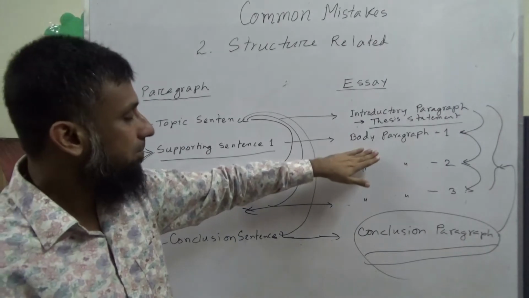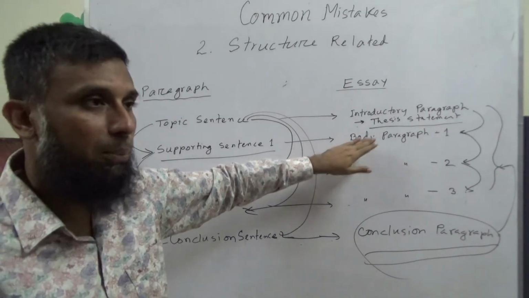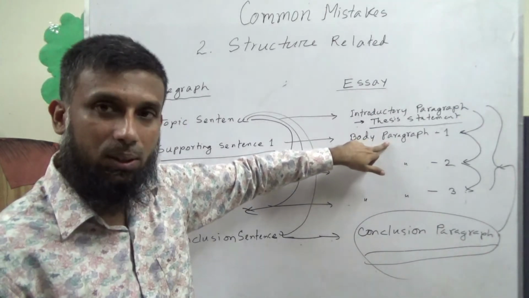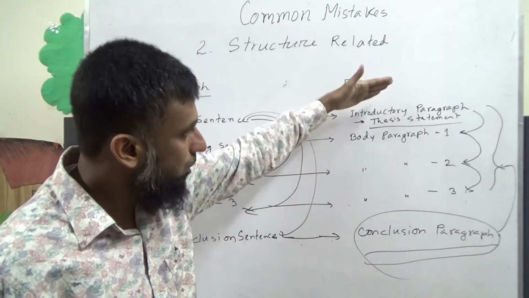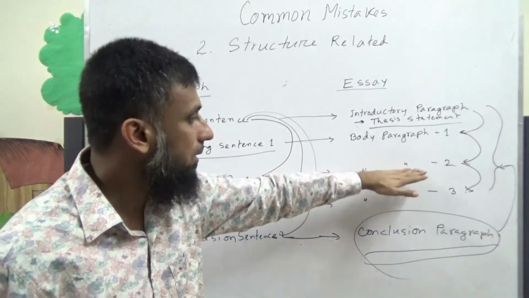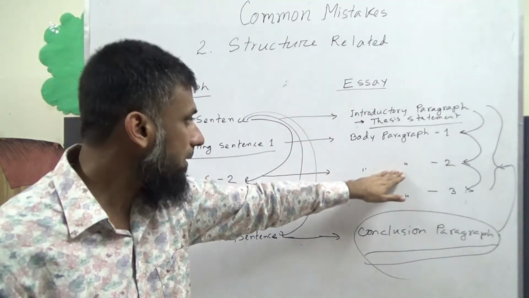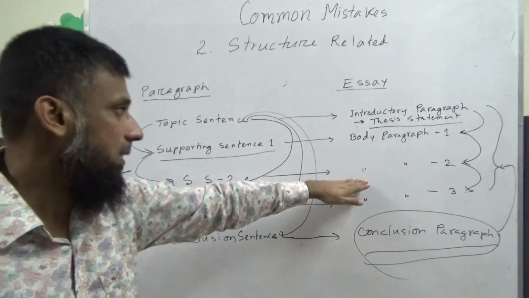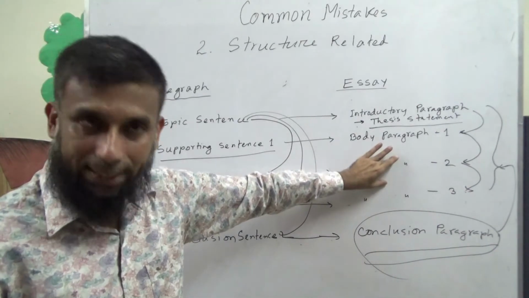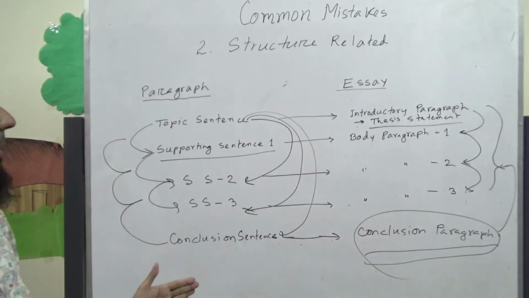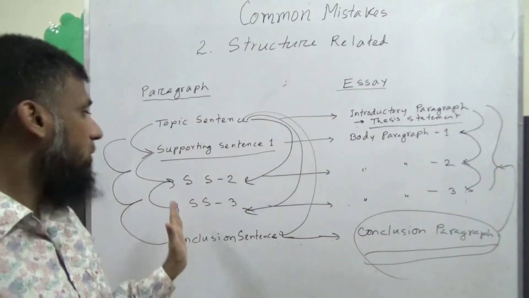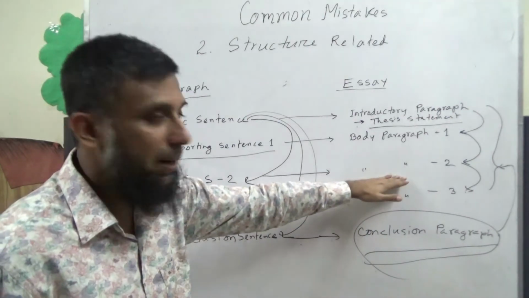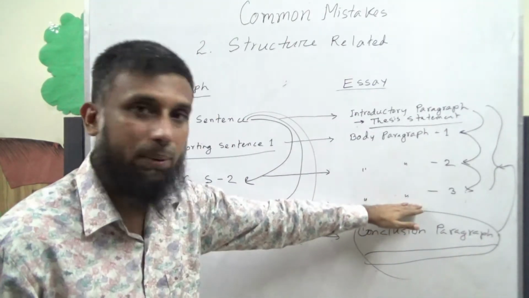Then you give some supporting sentences to support the topic sentence in the body paragraph 1, and then you have a conclusion which links the topic sentence as well as the next body paragraph. And in the second body paragraph, you talk about supporting sentence 2, that is the second idea, and it has all the characteristics of a separate paragraph. Each paragraph has all the characteristics of a paragraph. In addition to that, each paragraph links itself to the next paragraph.